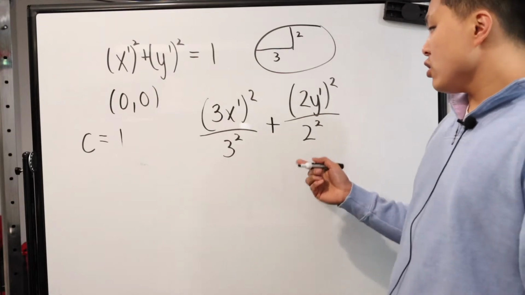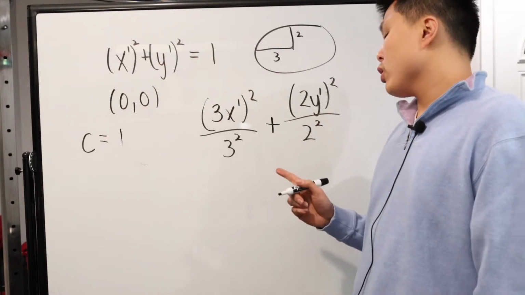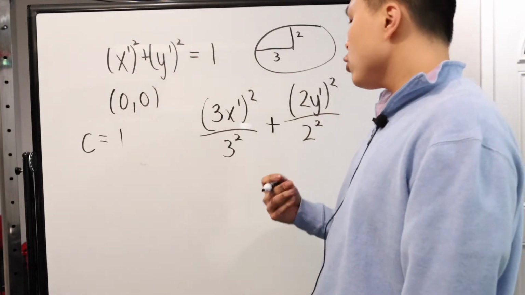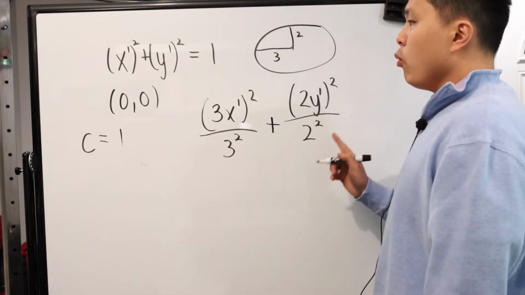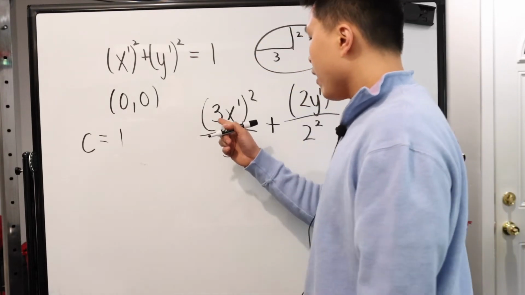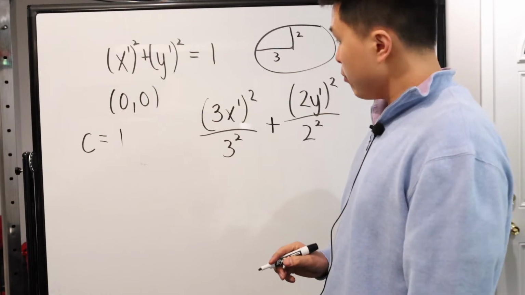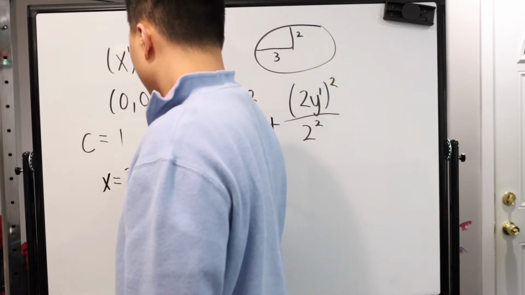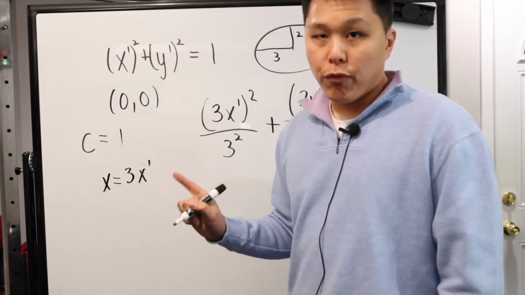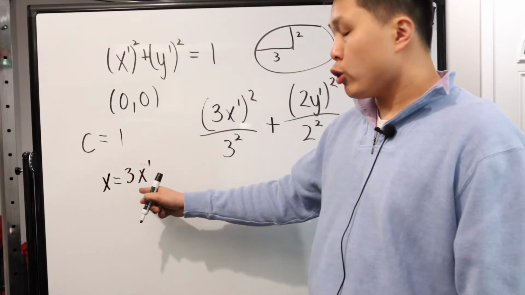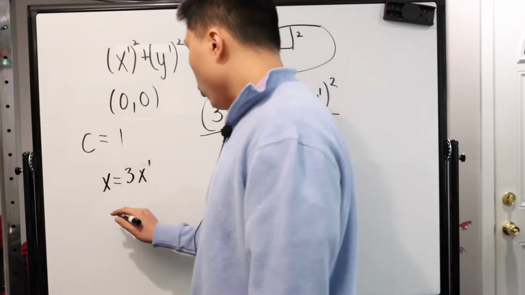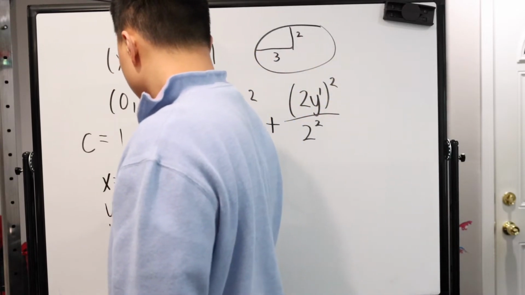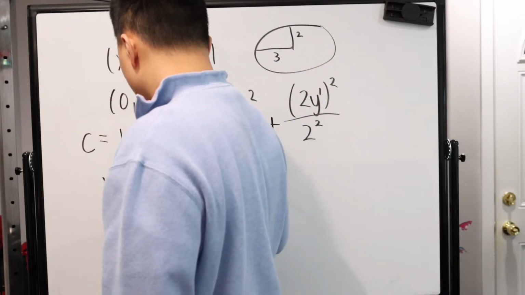Now, this doesn't look like it's all that useful, and here's where it gets a little interesting and a little tricky at the same time. What I'm going to do is, instead of having it as 3x prime, I'm going to say x equals 3x prime. This guarantees that for whatever x I'm choosing, it's going to be stretched by 3. Right? And y, you can guess, is going to be 2y prime.